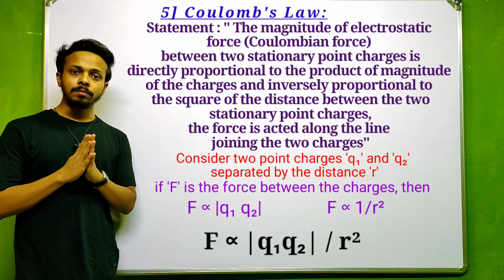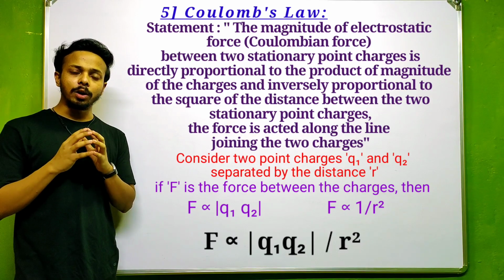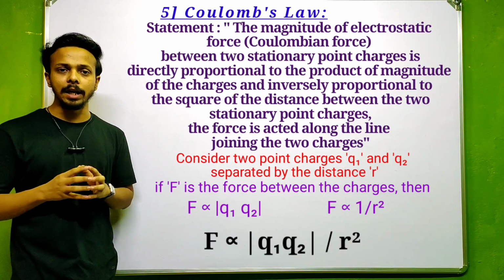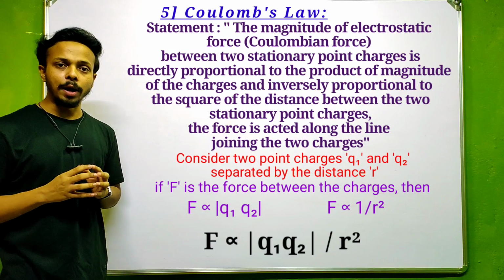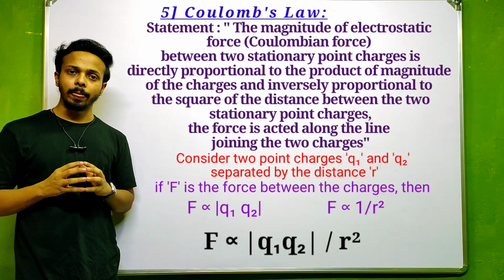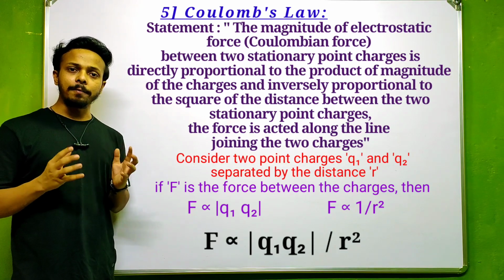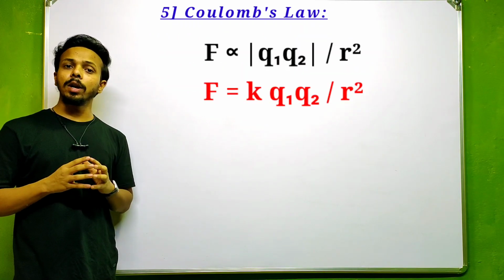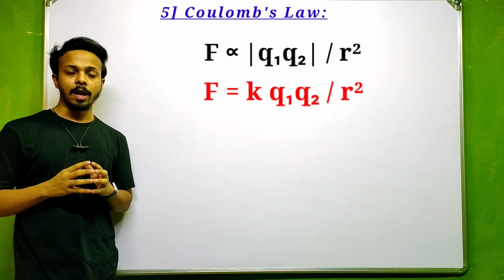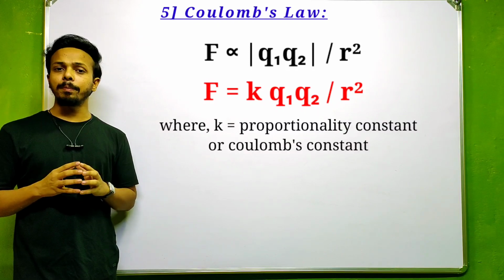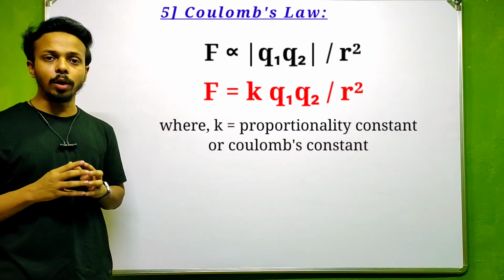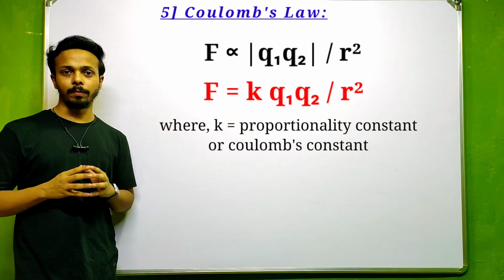Now we know that when you remove the proportionality sign, we get a constant known as the proportionality constant. So when the proportionality sign is removed, we get F is equal to K Q1 Q2 by r square, and here K is a proportionality constant, also known as Coulomb's constant.